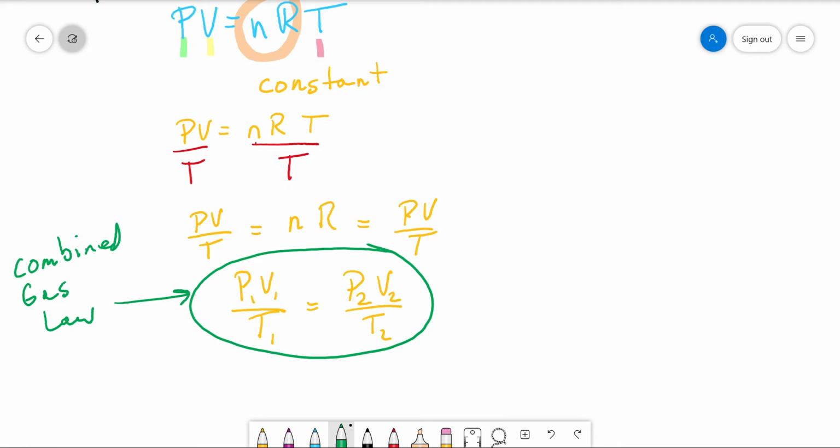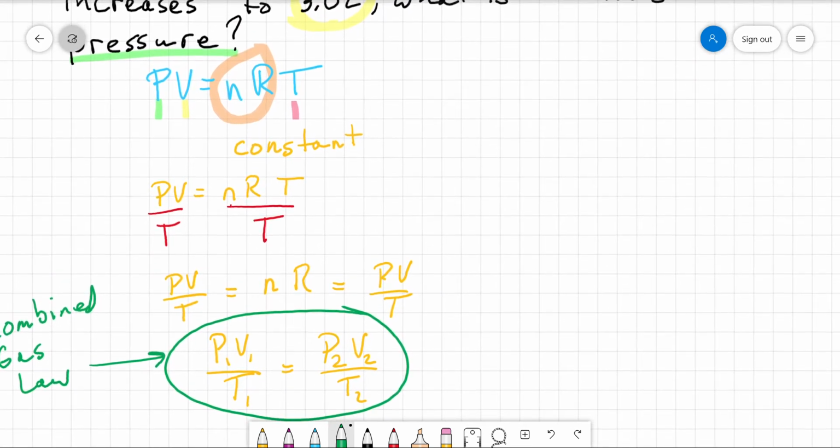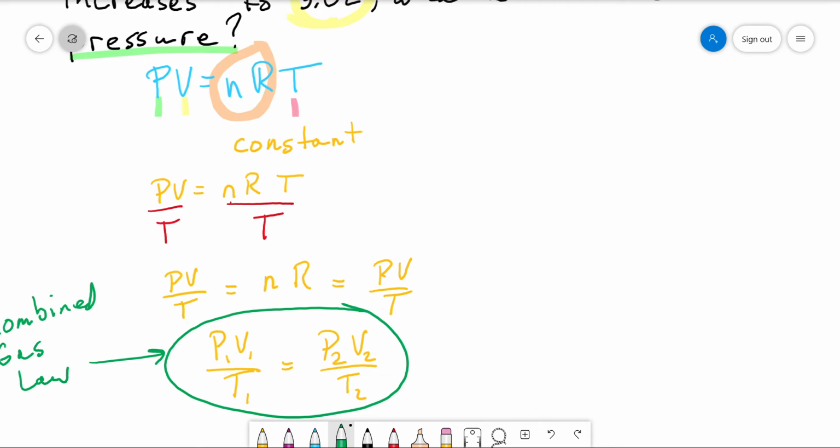Okay, so let's map out what we're going to do. We need to find pressures, volumes, and temperatures for initial and final conditions. Let's just do our initial right here and then our final.